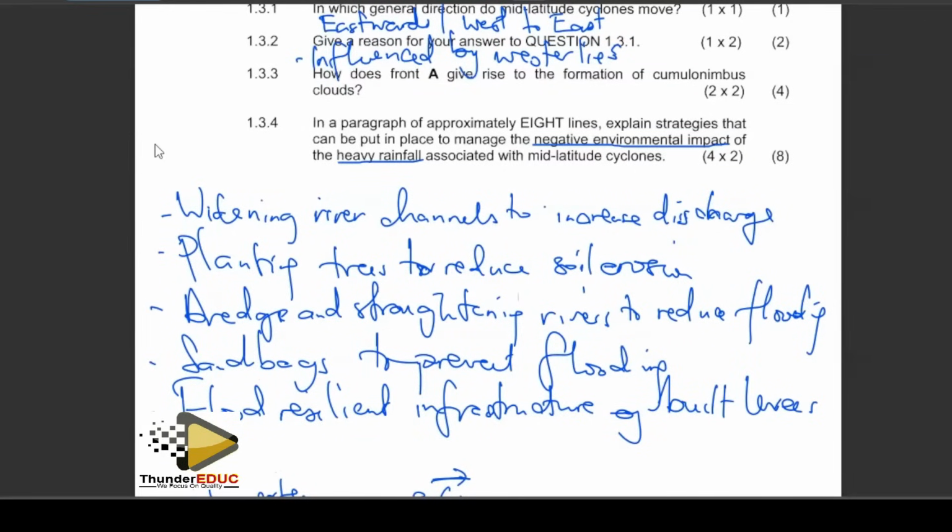So those are some of the strategies that we can try to put in place. Or we can also look at land use zoning or buffering, so that there's less damage. If rivers are buffered, we do land use zoning.